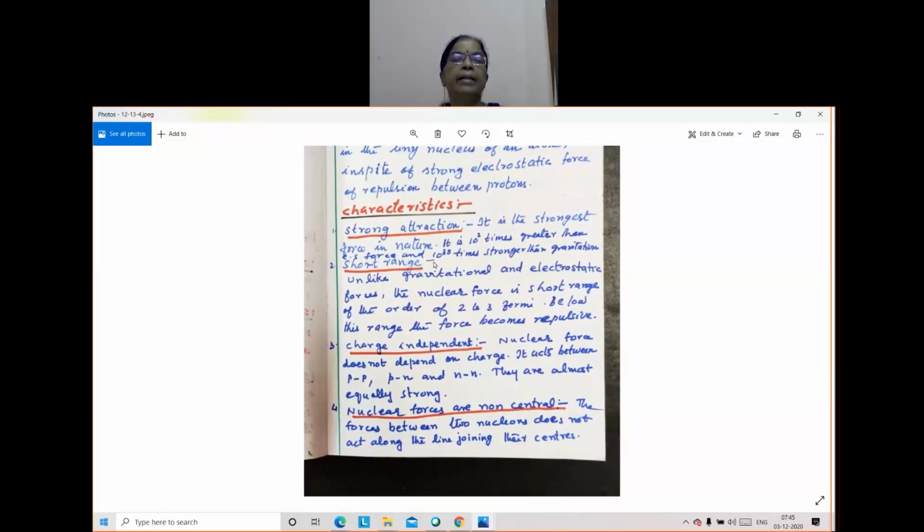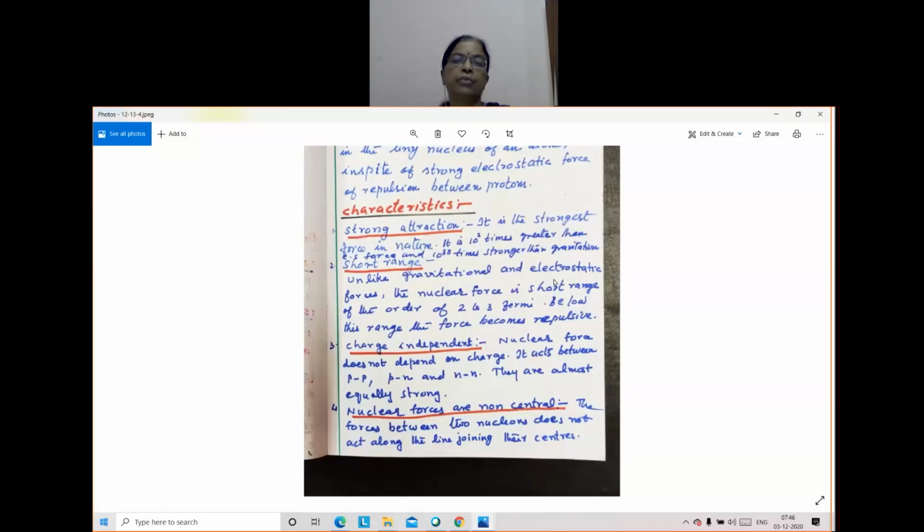And then, short range. Nuclear size itself is of the order of 10⁻¹⁵ meter, a Fermi. So the force is effective only up to that distance. Nuclear force is a short range force, unlike gravitational force. Gravitational force is a long range force because planets, Earth, Sun, etc. are far apart, and it is still effective.